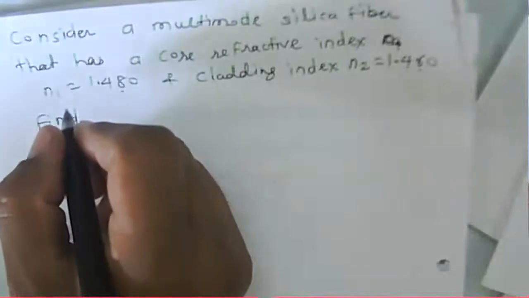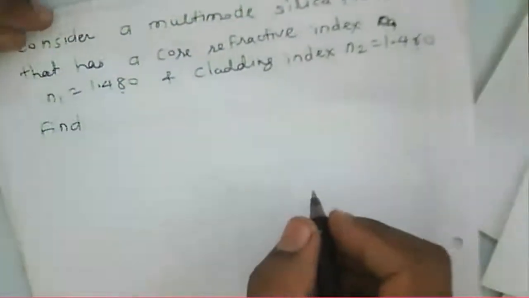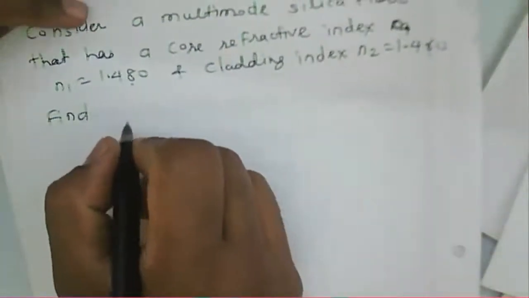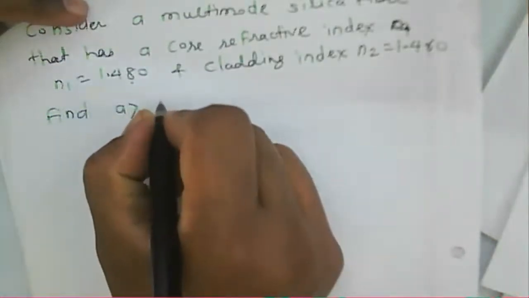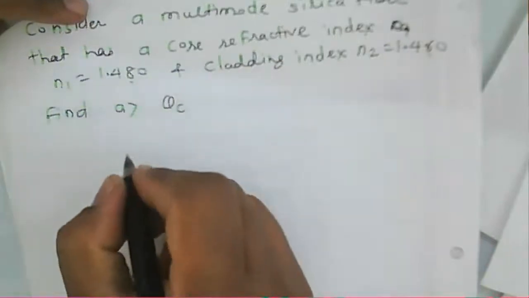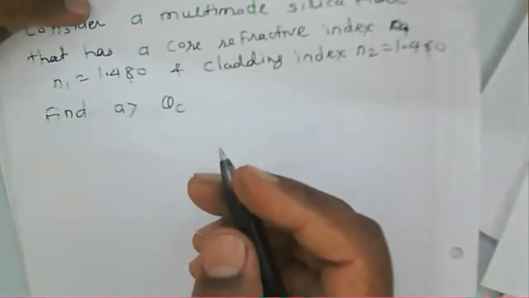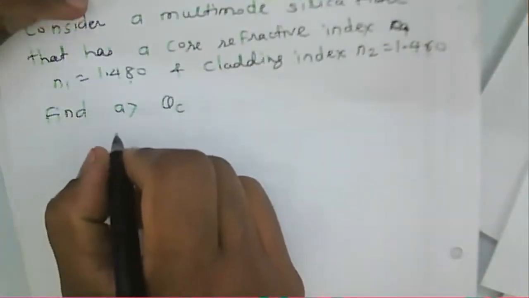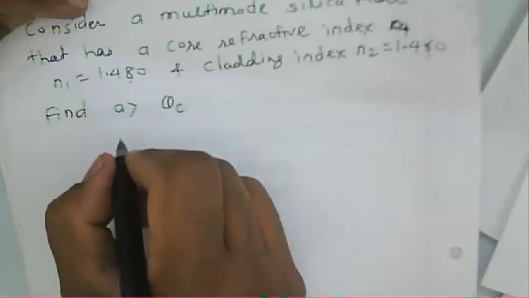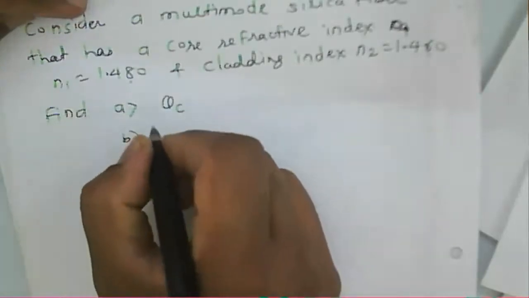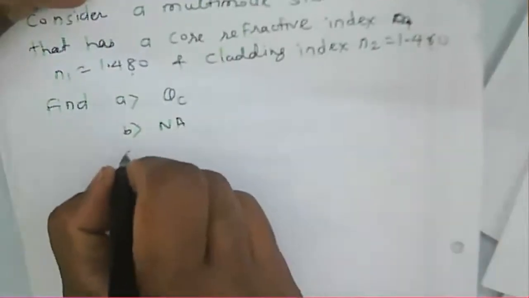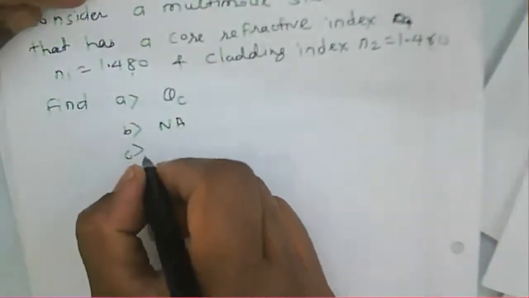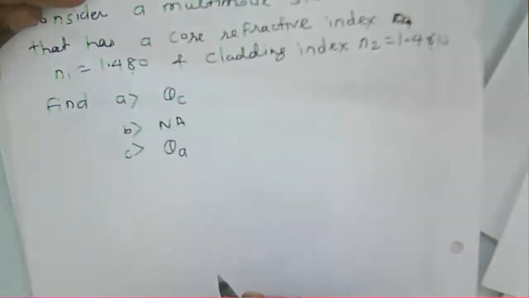Now here we need to find the critical angle, theta c, then find the numerical aperture, that is NA, and the acceptance angle theta A.